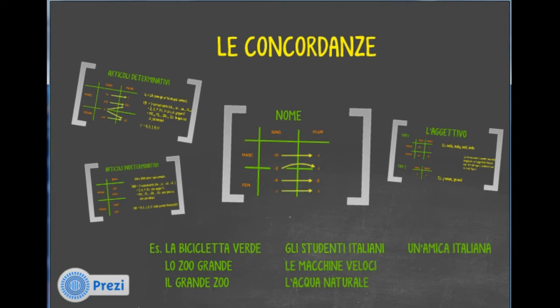Un'amica italiana, feminine singular. I use un apostrophe because the word is feminine and begins with a vowel. Un occhio grande, masculine singular. Una ragazza inglese, feminine singular.